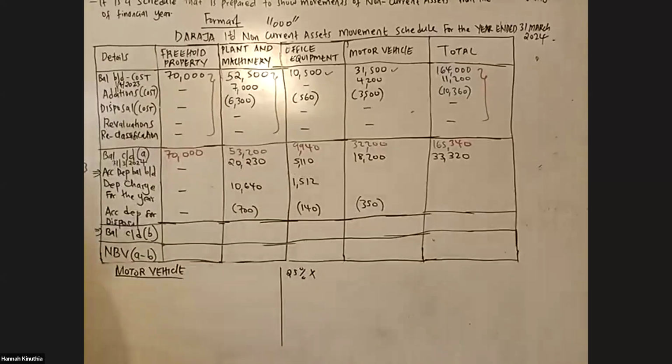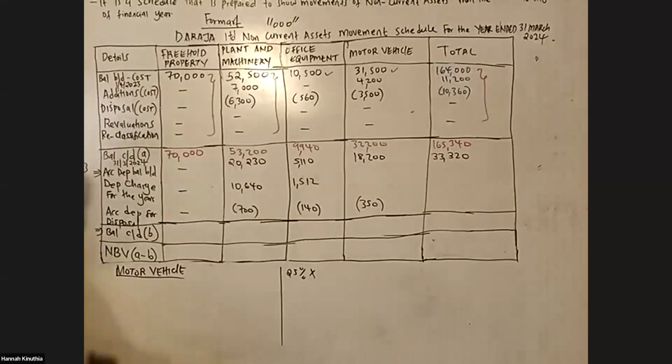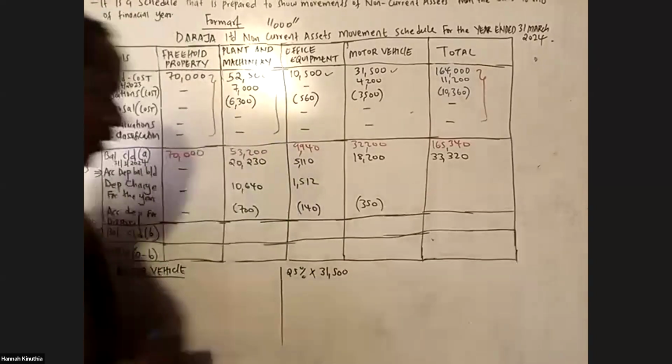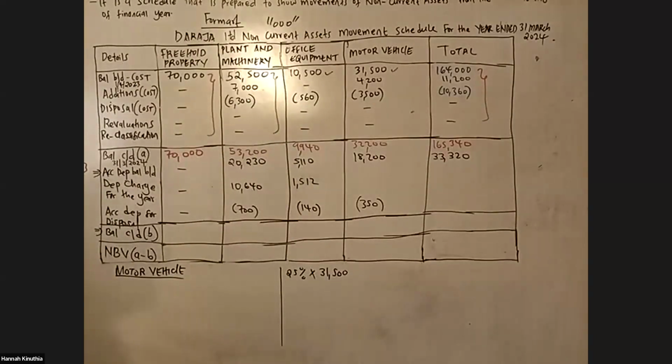Okay, so to talk about motor vehicle. Now motor vehicle initially the cost was 31,500. Now let us see if there was any acquisition. Now let's go to our question pale juu. Now on 1st October 2023, a motor vehicle was acquired.